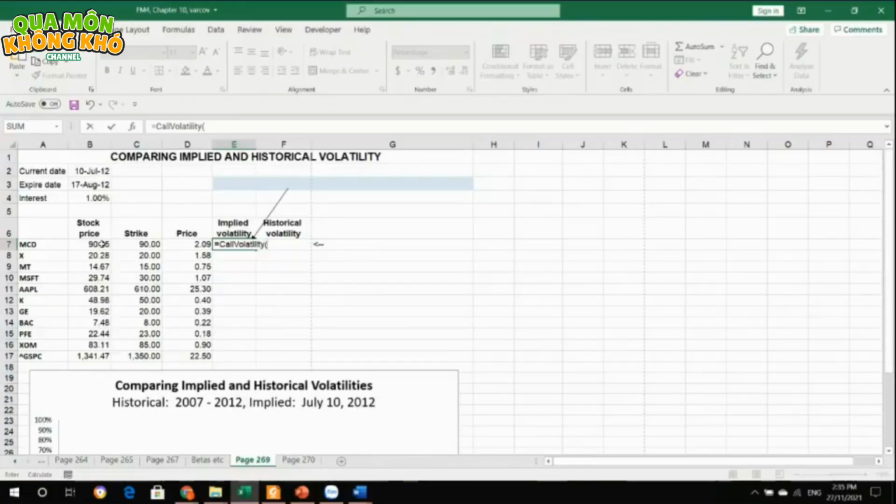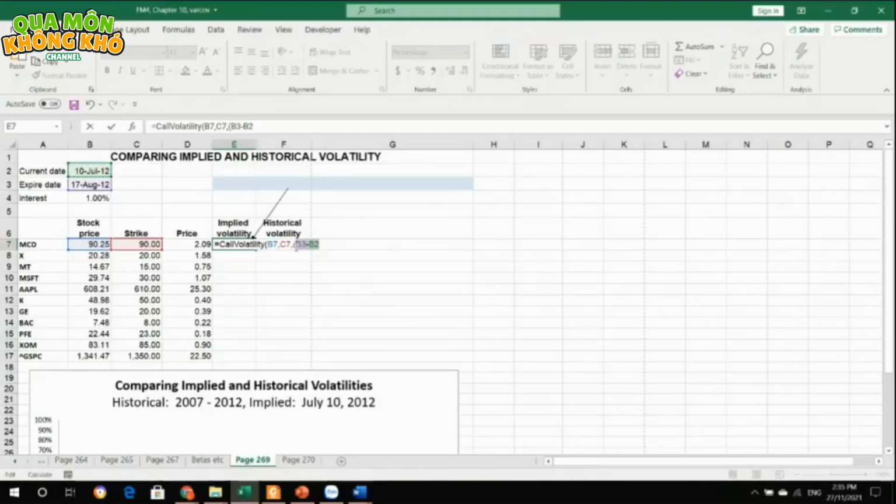We add the data here: the stock price, the strike price, and the present day minus current date.